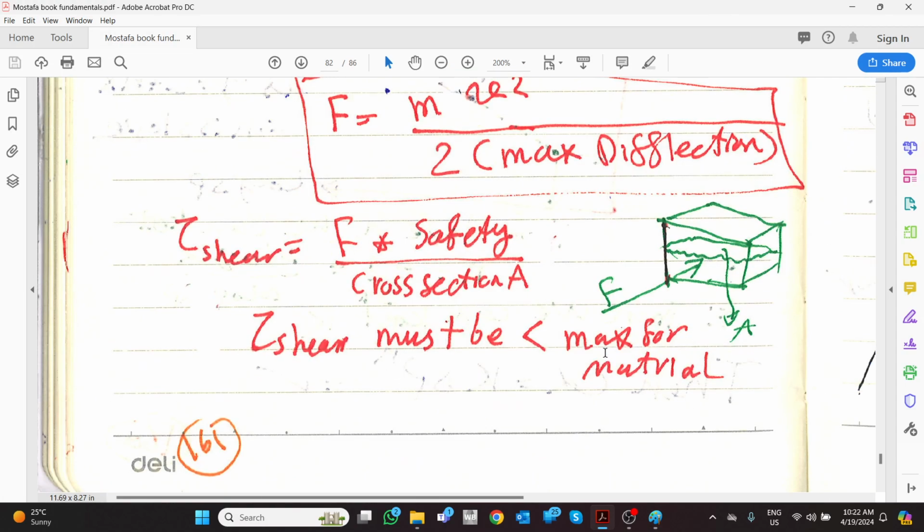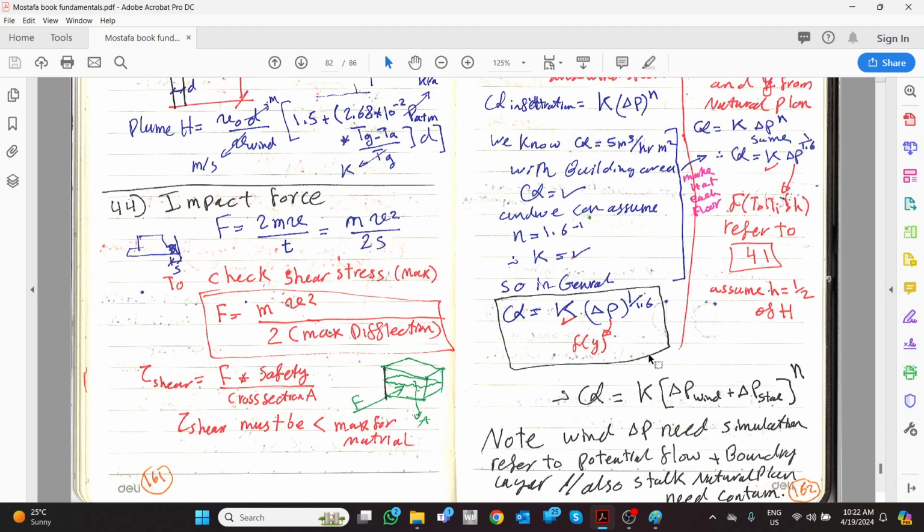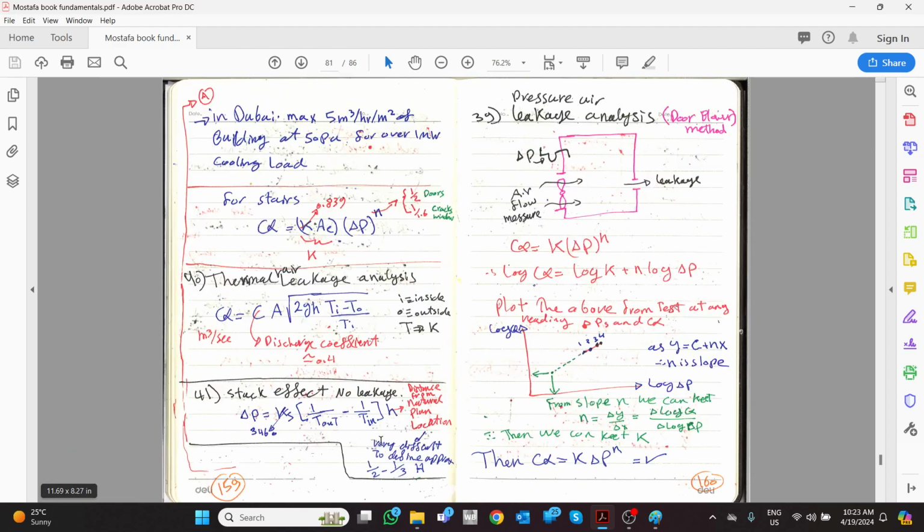About this height from the neutral plane, from delta T you will get delta P. From the delta P, you use the definition from the municipality or other building codes, which can define whether it's super tight, or a steel structure that is not tight, and so on, and which allows up to 5 cubic meters per hour per square meter.